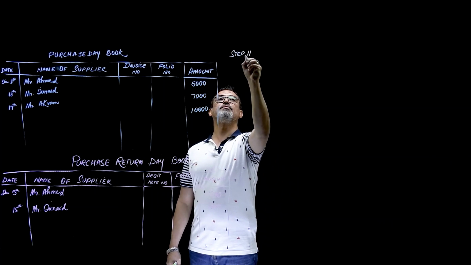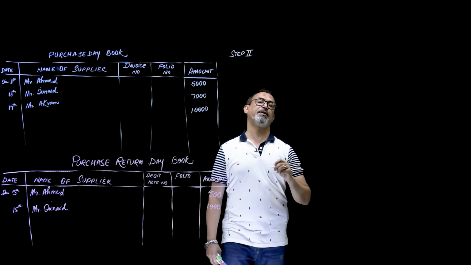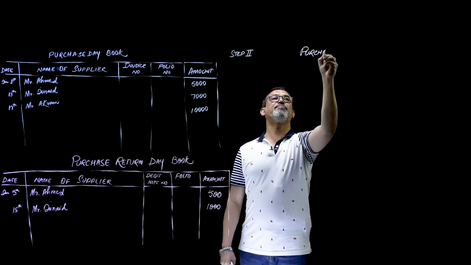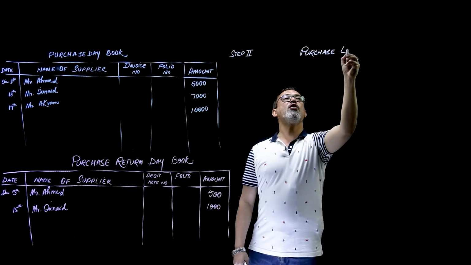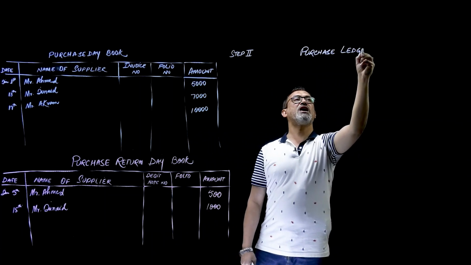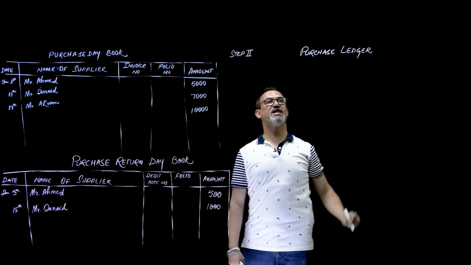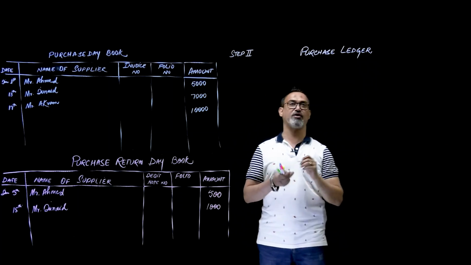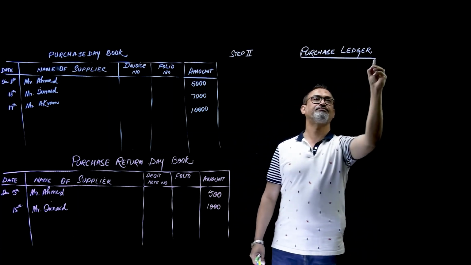Step number 2: we have to prepare the purchase ledger. What is the definition of the purchase ledger? All individual suppliers' accounts are recorded in the purchase ledger.